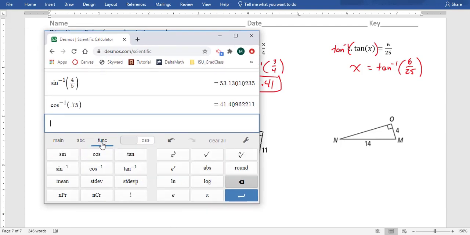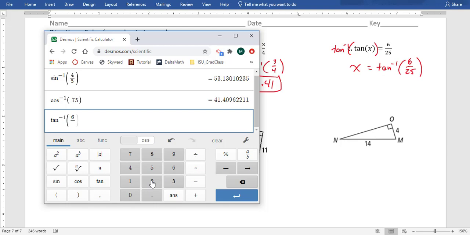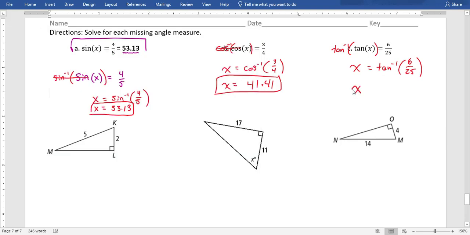Let's see, inverse tangent of 6/25. It's 13.495. All right, pretty cool stuff.